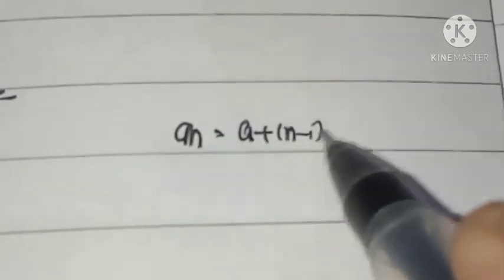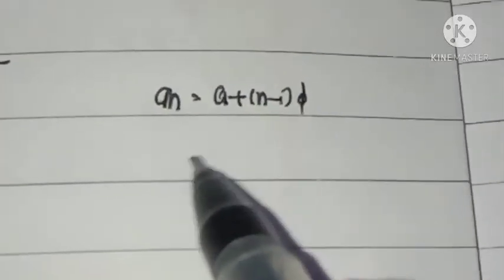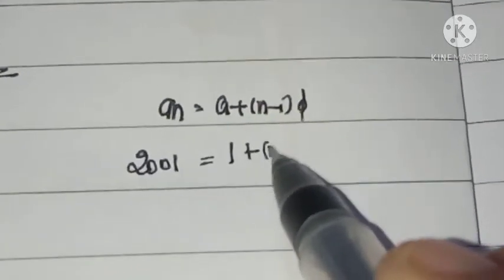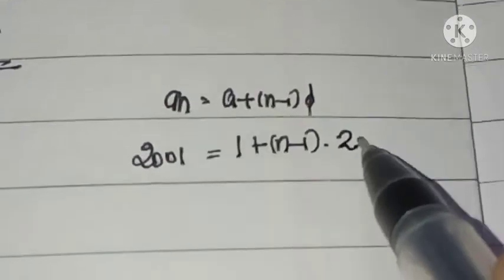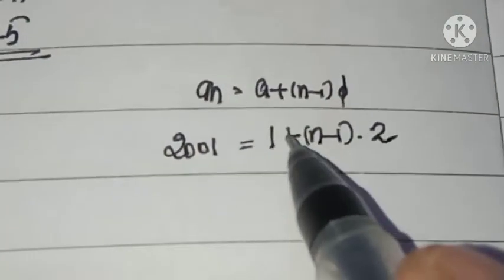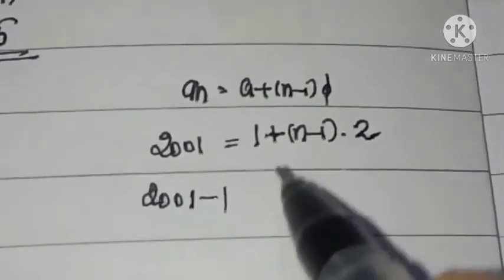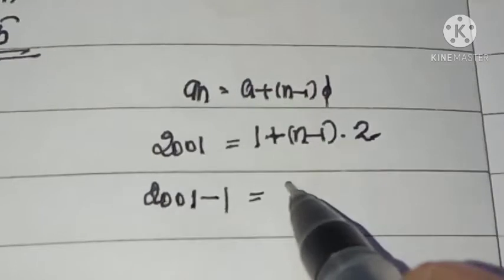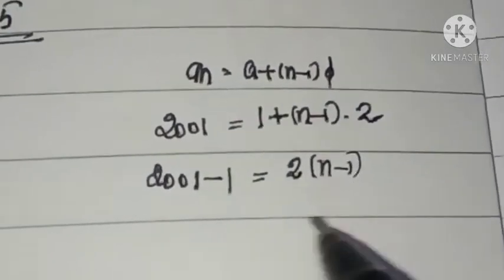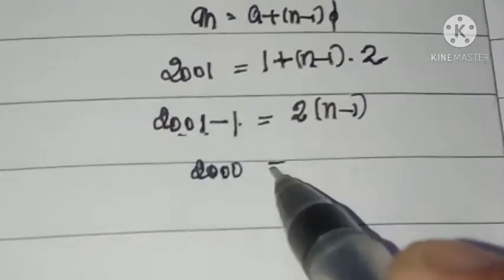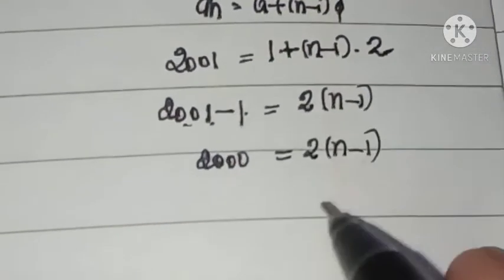So write the formula. an is equal to a plus (n minus 1) into d. Put all these values here. an is 2001, a is 1, n minus 1 into d, and d is equal to 2. Now take the plus 1 to the other side, so it becomes minus 1. 2001 minus 1 is 2000, so 2000 is equal to 2 into (n minus 1).